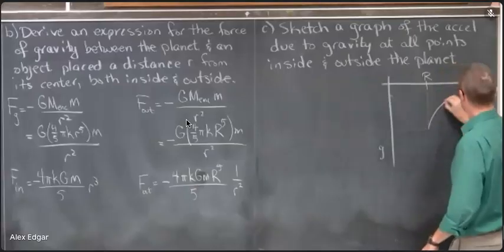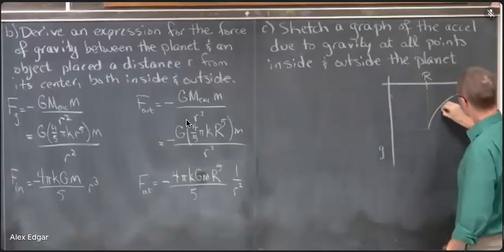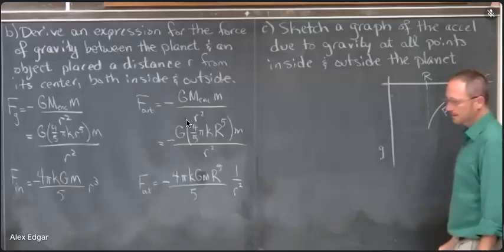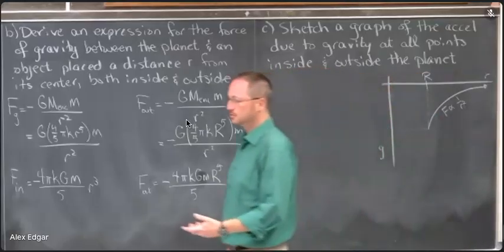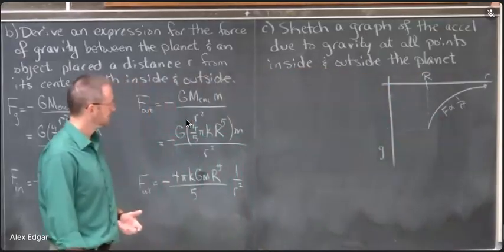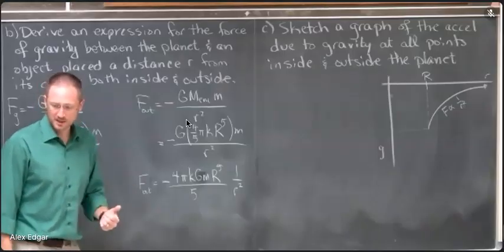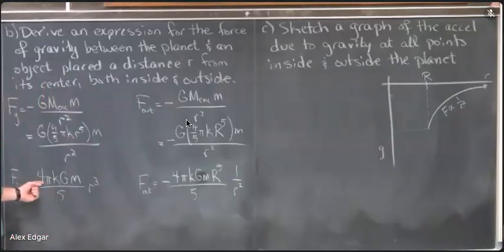We're going to get an inverse square relationship. And we indicate this curve is the force is related to the inverse square. Inside the planet, though, we're not going to get a line. We're going to get a cubic-y kind of thing.